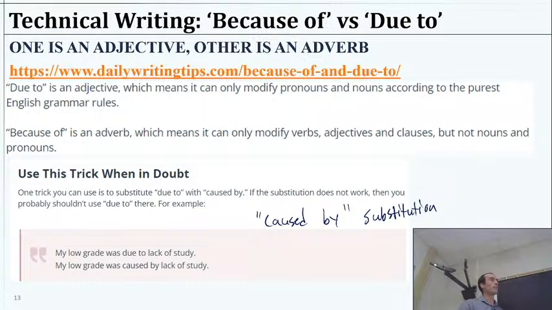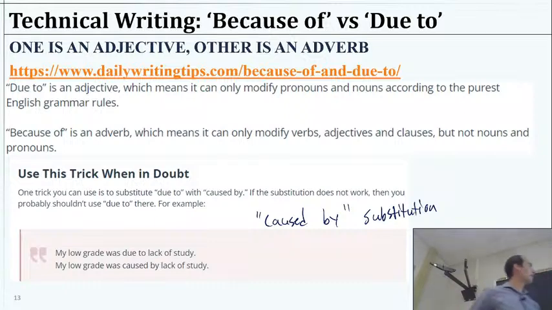So if we wrote it, the projector was shaking blank of the construction, we could check. Because of the construction sounds fine, but if we check and caused by works also, we should then use due to. All right, so that's the trick.